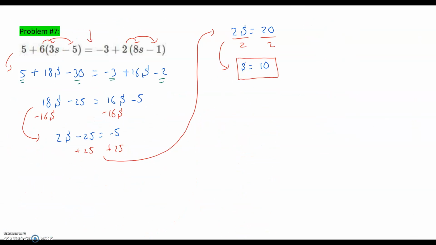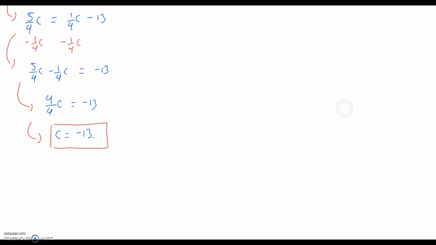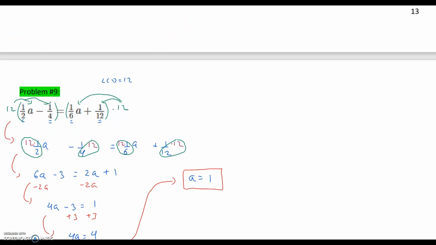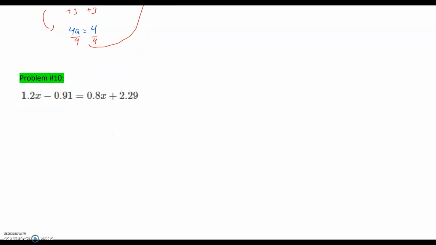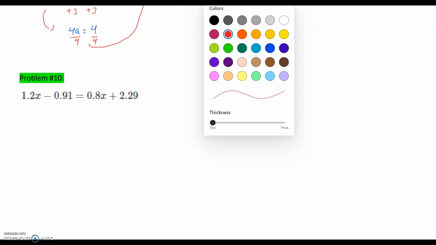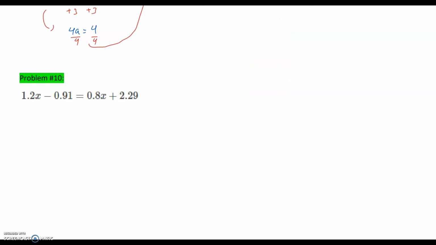So here, instead of multiplying by the LCD, its equivalent form is going to be multiplying both sides of the equation by a value that's going to cancel the decimals. What I'm trying to do here is make the smallest value in terms of the decimals an integer.